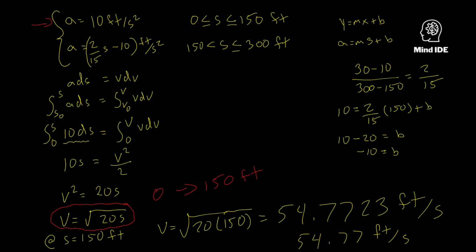So now, instead of just having a constant acceleration, we want to find out this part, because that'll tell us what the velocity is at 300 feet. So we just set this up exactly the same. a ds is v dv, and our a is a function of s.